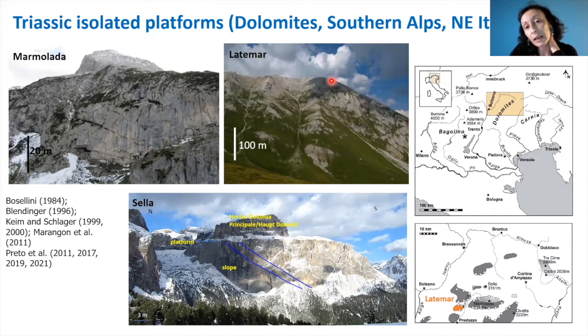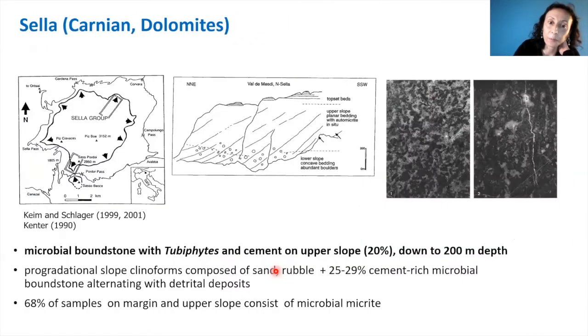And in this area of the Latemar, there is an important contribution of microbial boundstone precipitation, and the same for the Sella platform. You see the platform break and the rapid progradation of the Sella clinoform.